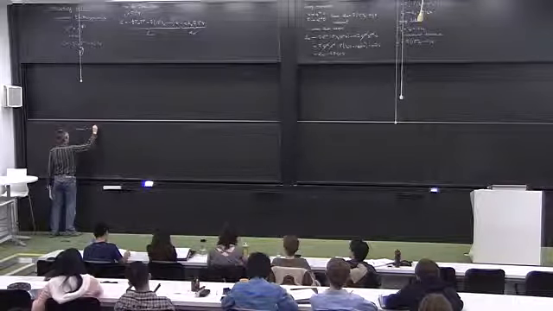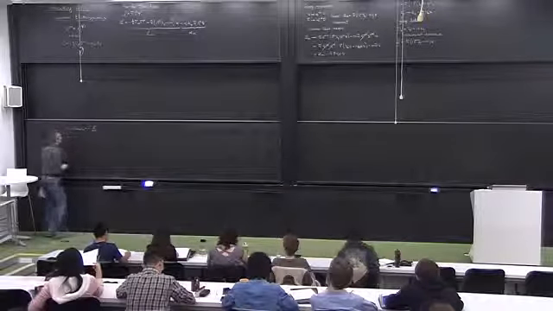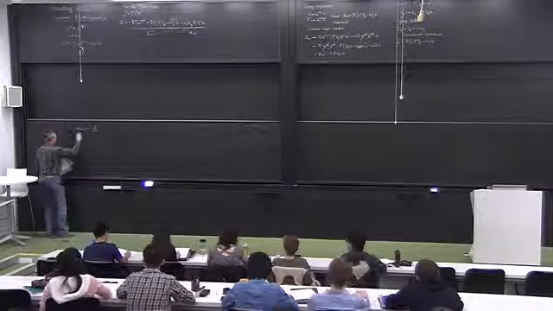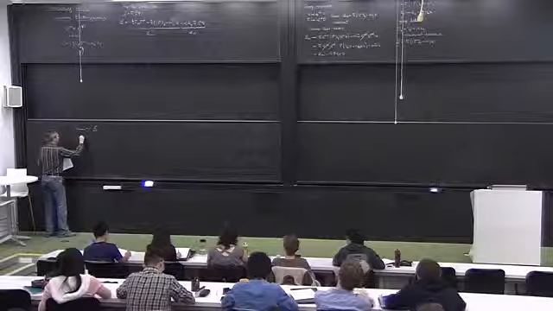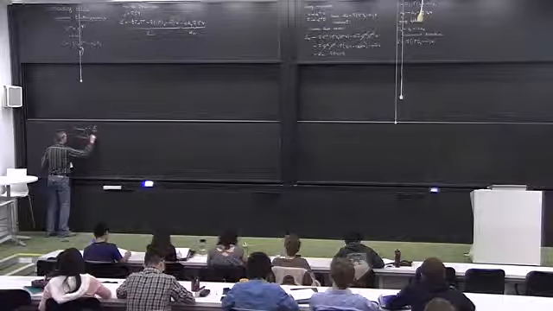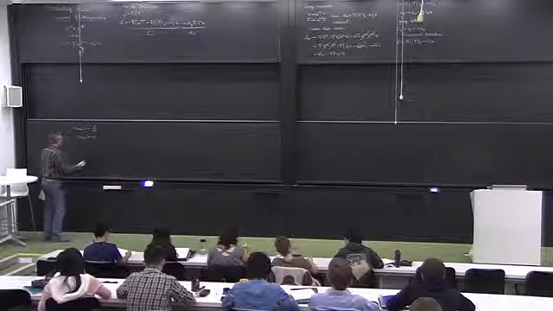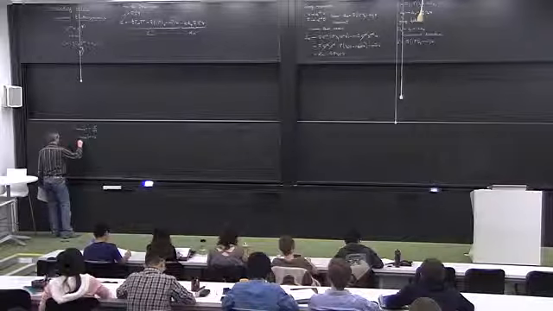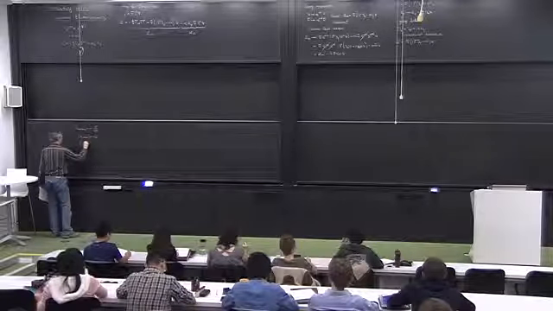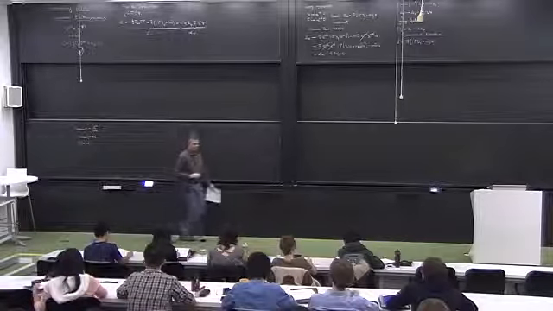Which will have the form e squared divided by 4 pi r. Now, in our units, the potential has units of energy, and the distance has the inverse units of energy.